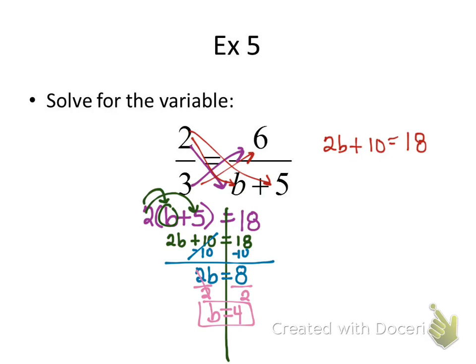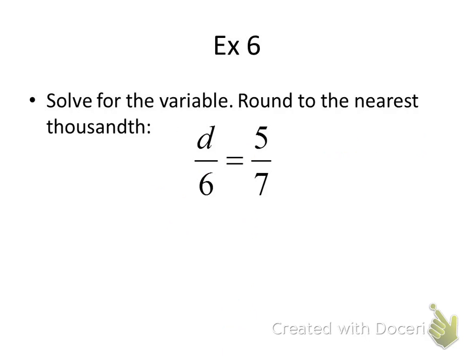All right, last one. What's the direction say this time? Round to the nearest thousandth. So if we're rounding to the nearest thousandth, you know we're going to end up with a decimal. Okay? So we're going to follow the exact same steps. So we're going to cross multiply. So when I say cross multiply this time, what am I going to multiply?